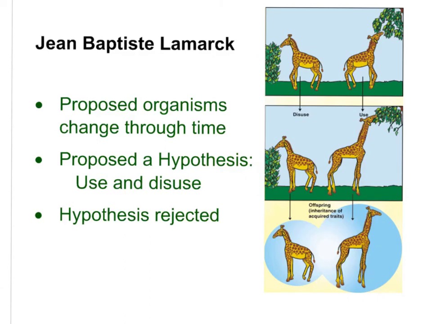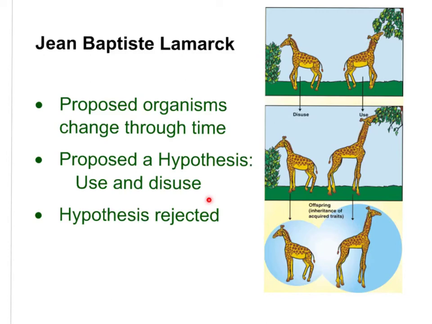One of the first scientists to propose that organisms change through time was a French biologist by the name of Jean-Baptiste Lamarck in the late 1700s. He tried to explain it through a hypothesis that came to be known as use and disuse.